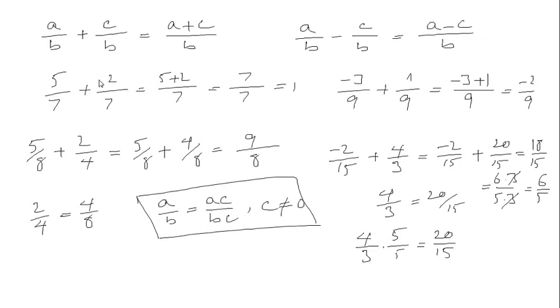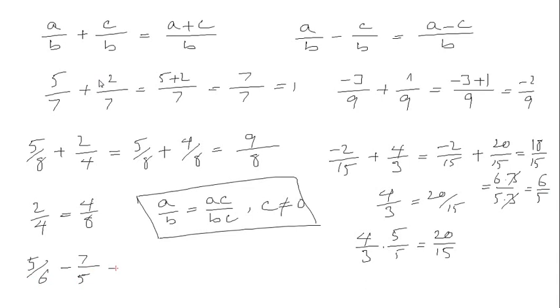Okay, another example. Let's say 5 over 6 minus 7 over 5. Here, as you can see, 6 is not a multiple of 5, and 5 is not a multiple of 6. The common denominator here is the product of 5 and 6, which is 30.